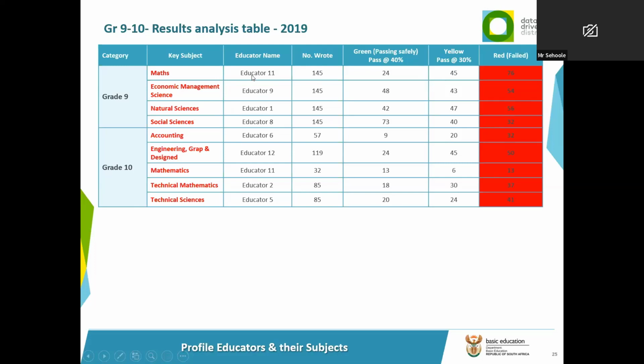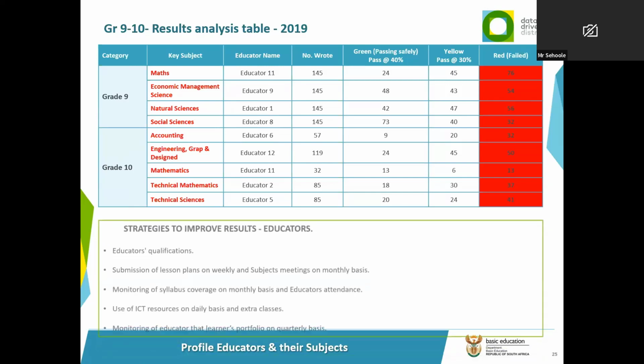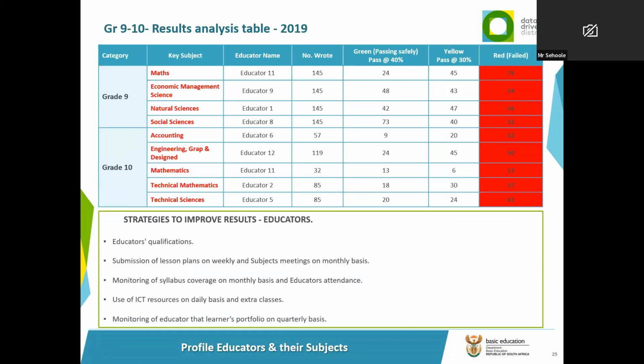That is why I was also able to zoom in on educators, to say, educators, you must be checked in terms of your qualification. That's how I was able to go all out to put mechanisms in place. This is what I did: profiling of teachers' qualifications to ensure that they are at the right place, teaching the right learners. And then we put the following mechanisms in place: lesson submission on a weekly basis, subject meetings on a monthly basis, monitoring of syllabus coverage on a monthly basis, and educator attendance, because it is very important.